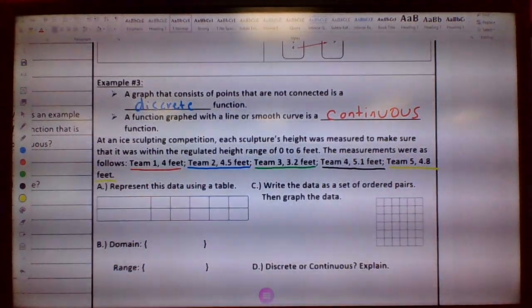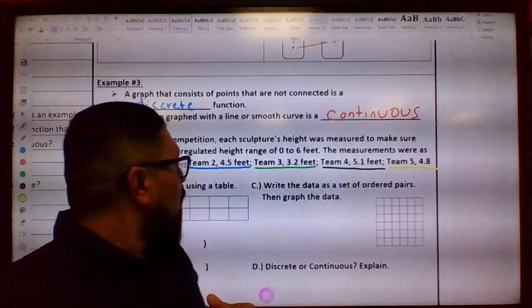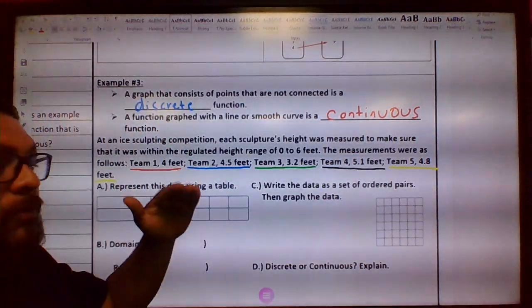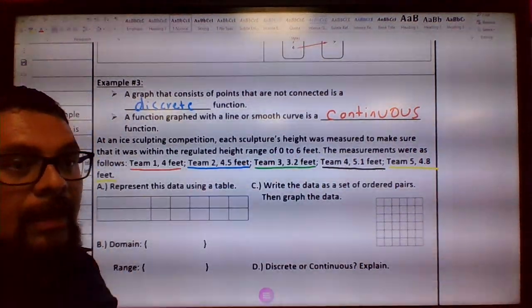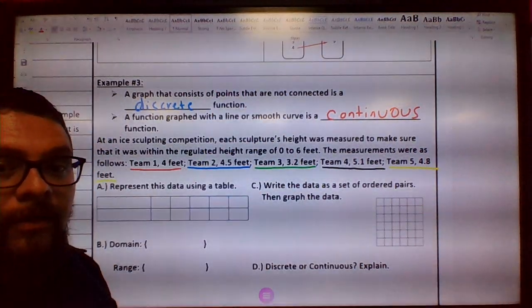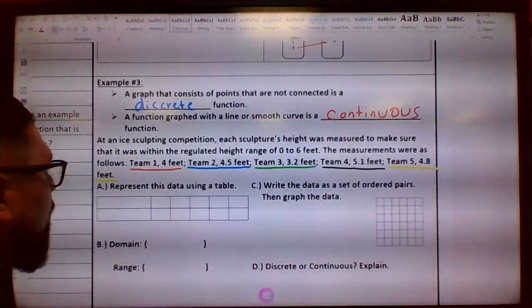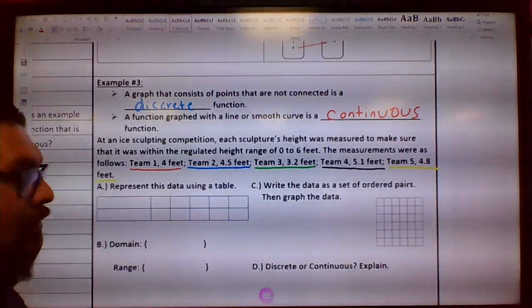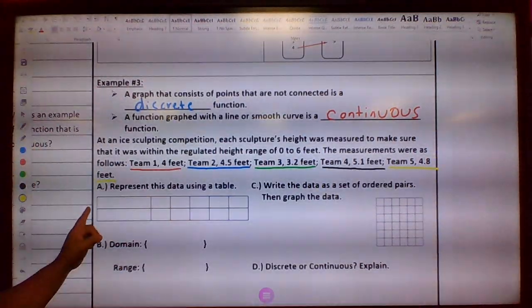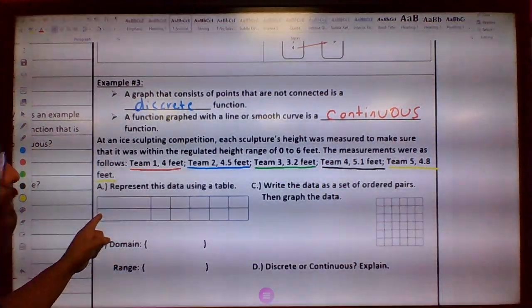So they were making an ice sculpture, and they had to be within the height from 0 to 6 feet. It couldn't be higher than that. All these teams, these are the measurements that they got. So we're going to represent the data in these ways. We're going to put it as a table.